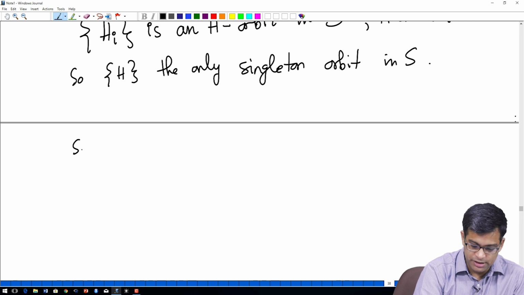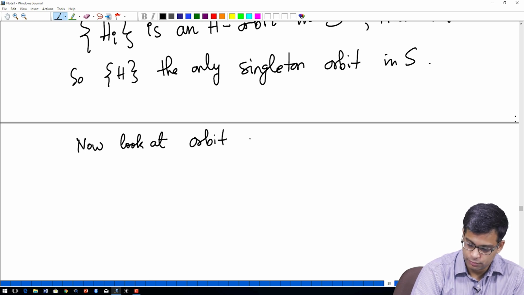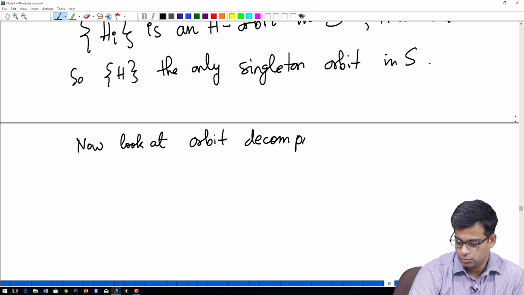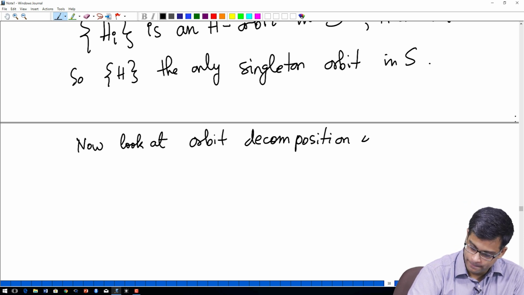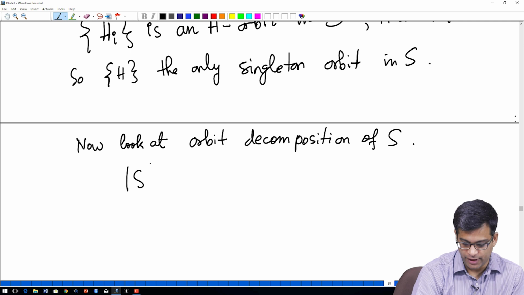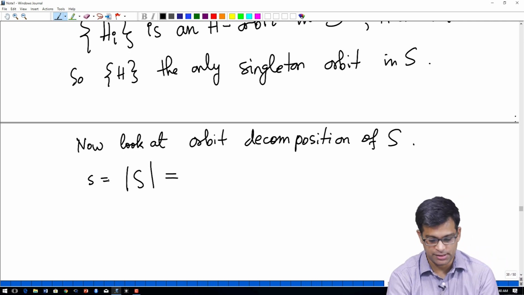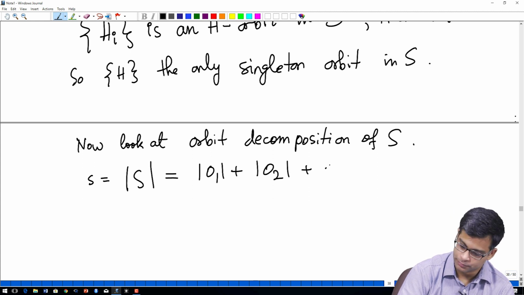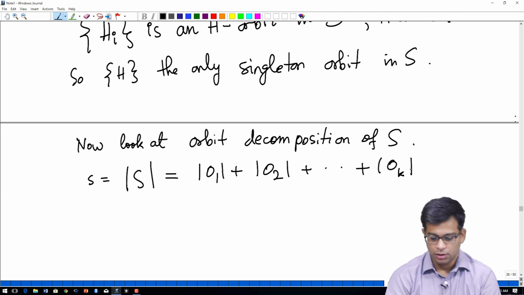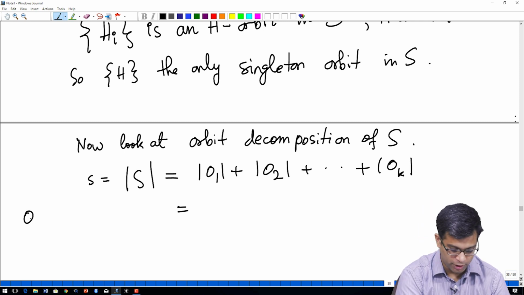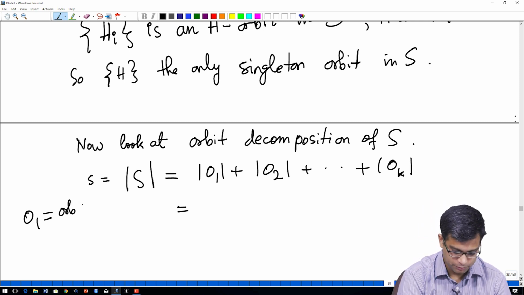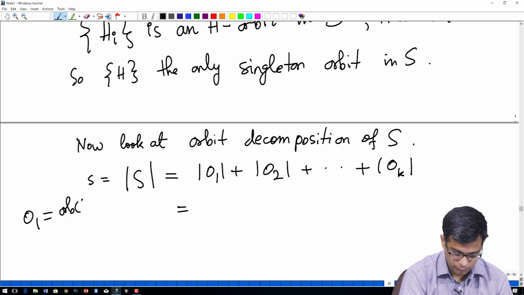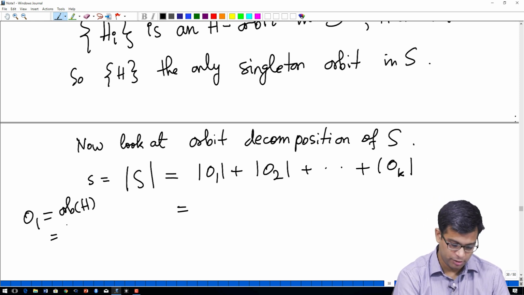Now, consider the orbit decomposition of S. The size of S, which was denoted by small s, is the order of O_1 plus the order of O_2 plus up to the order of O_k, and let us assume that O_1 is the orbit of H, the fixed thing that we had dealt with.